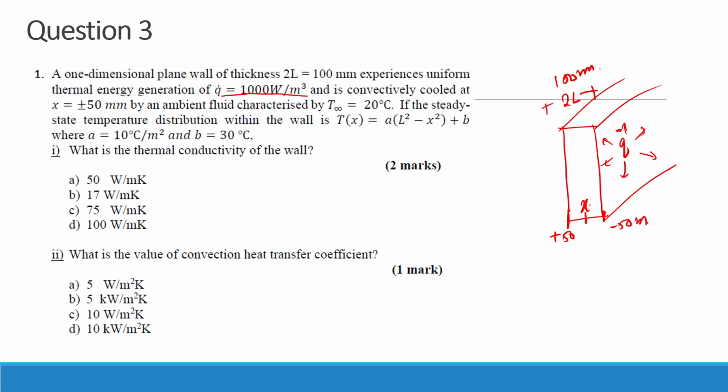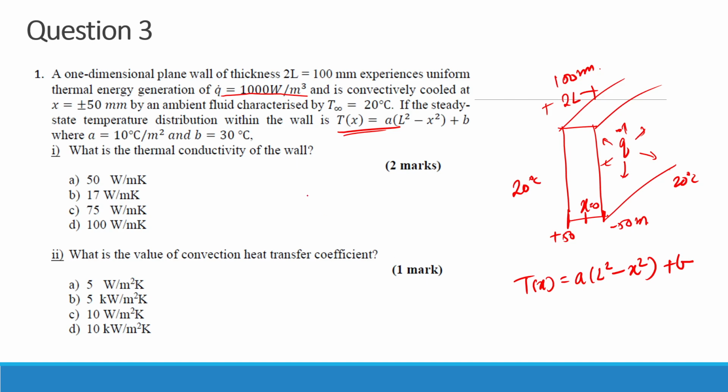So this will be x equal to 0, by the fluid of temperature 20 degrees Celsius. Then we have been given that the steady state temperature distribution within the wall is given as T of x is equal to A into L square minus x square, plus B.